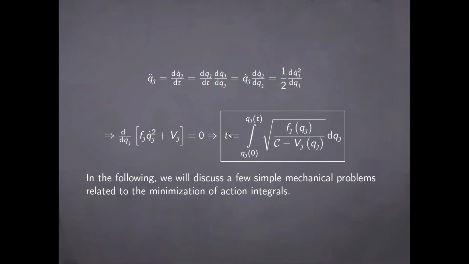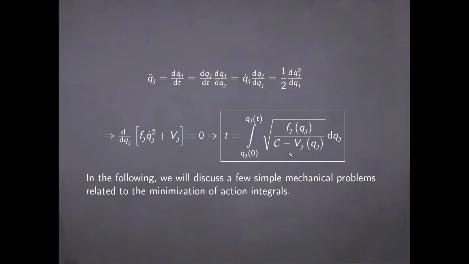So this result just gives the time as an integral over the coordinate Qj from an expression containing both the f functions and the v functions, depending on Qj. And in principle, this is a result that can be inverted in order to furnish the generalized coordinate Qj as a function of time.